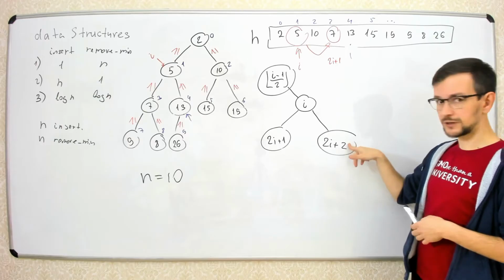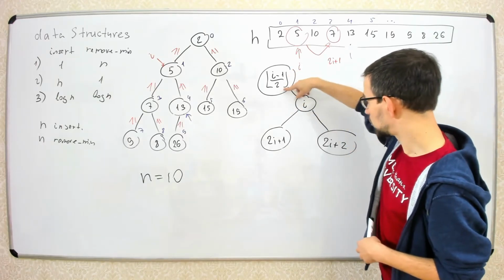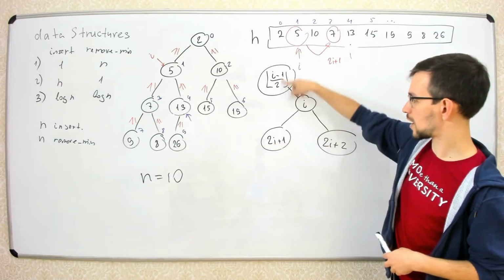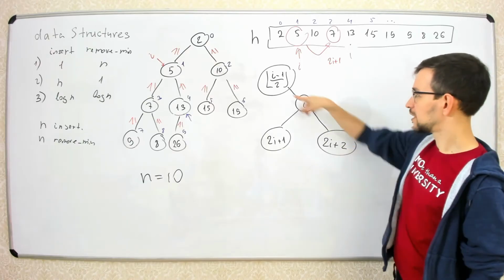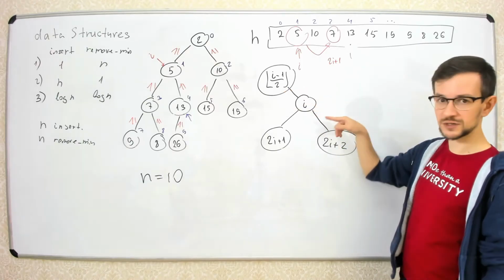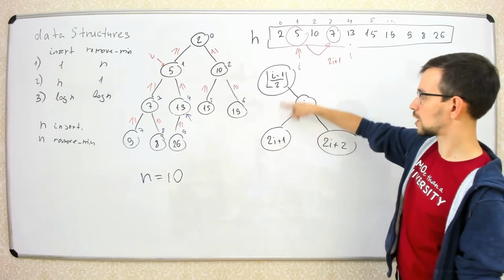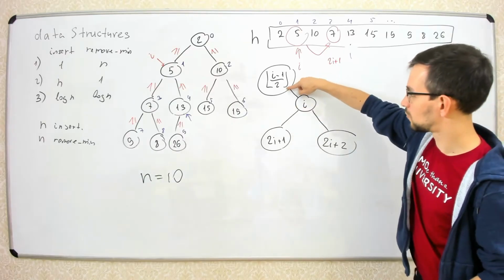So if it is even, then we'll have I plus 0.5, which rounds down to I. If it is odd, again, (I minus 2) divided by 2 will be equal to I, which is rounded down to I. So this is the correct formula for both cases.